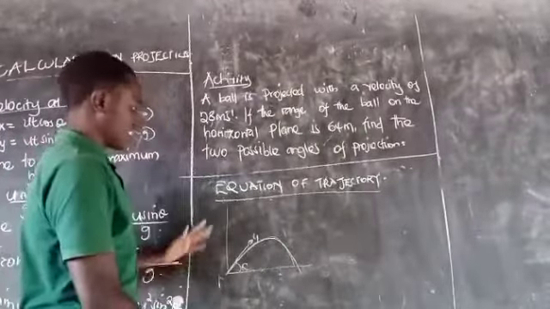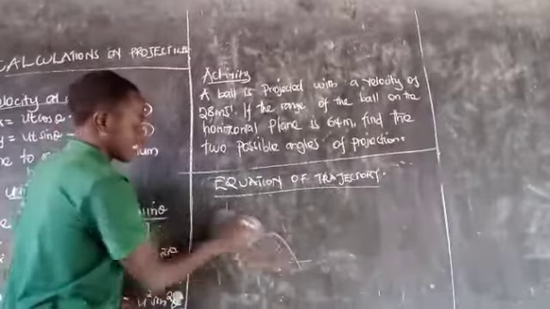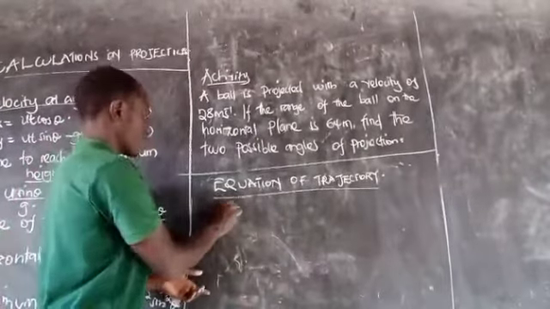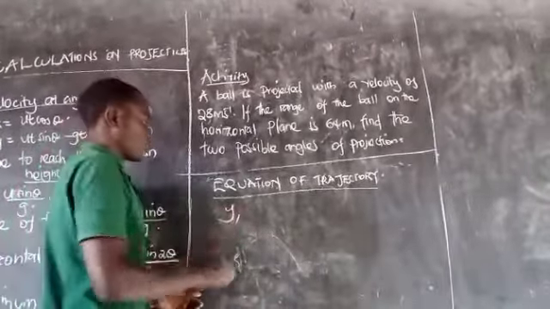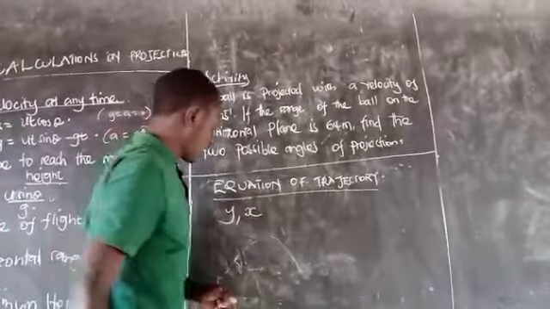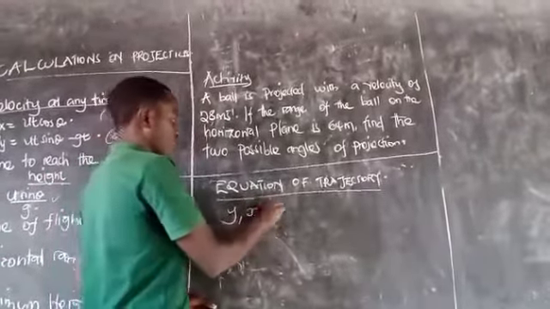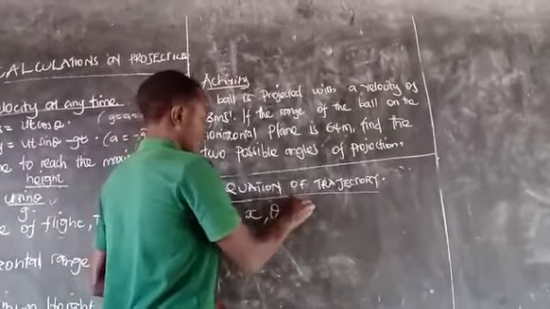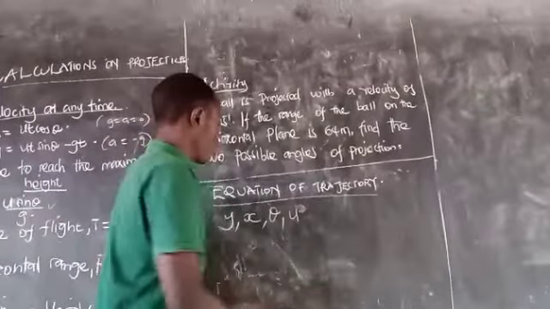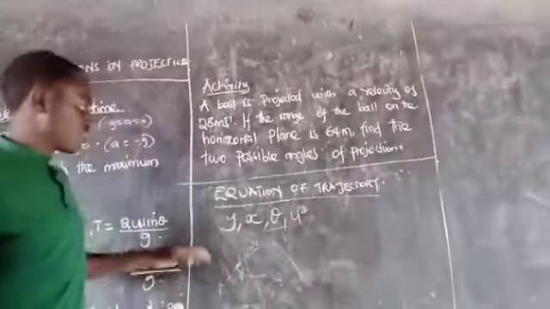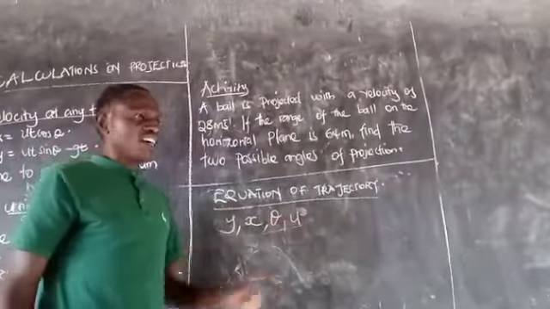The equation of trajectory therefore connects the vertical displacement y, the horizontal displacement x, the angle theta, and the speed of projection u. So we shall see an equation connecting y, x, theta, and u.